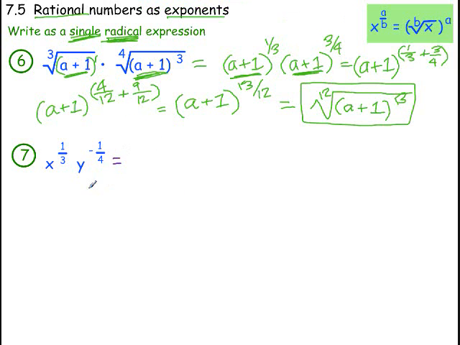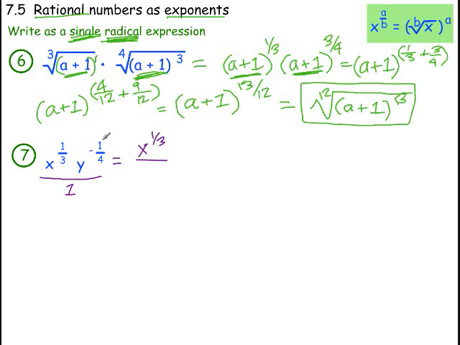Let's see. Ugh. Different bases. Well, that means I'm going to have to look at getting them to have the same index. Before I do anything along that line, though, let's see if we can get rid of this negative. Think of this as a fraction.